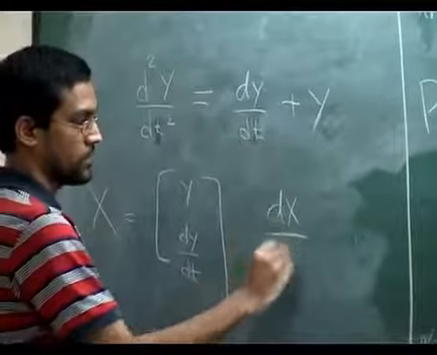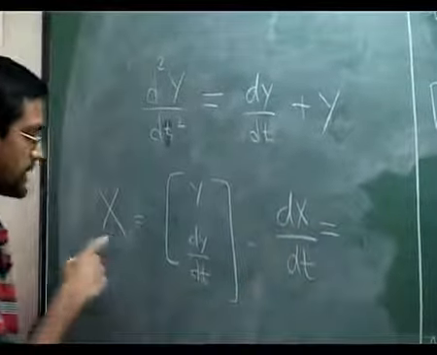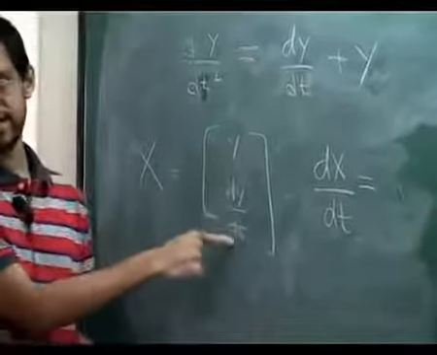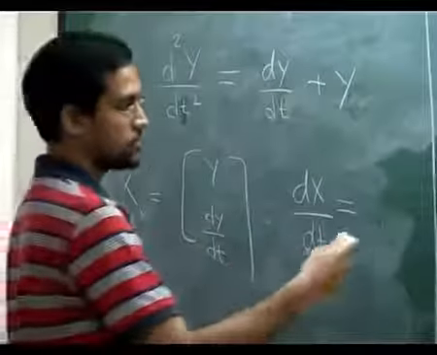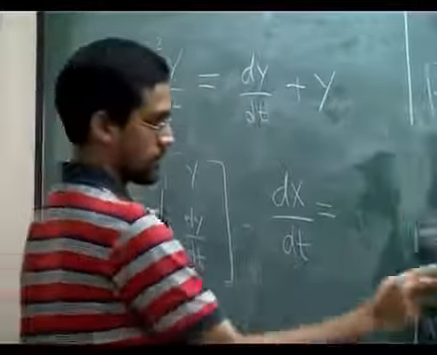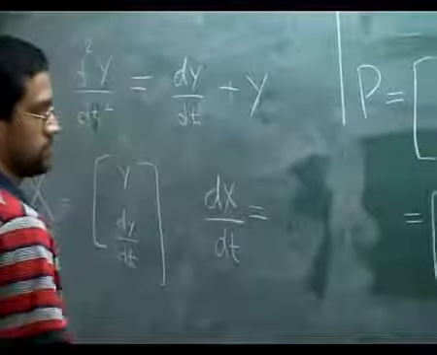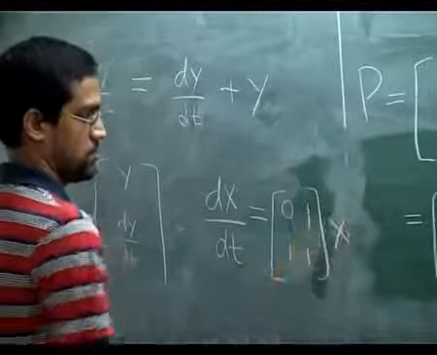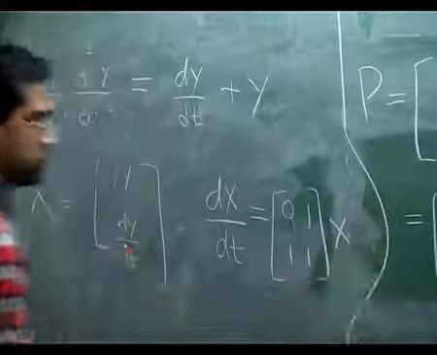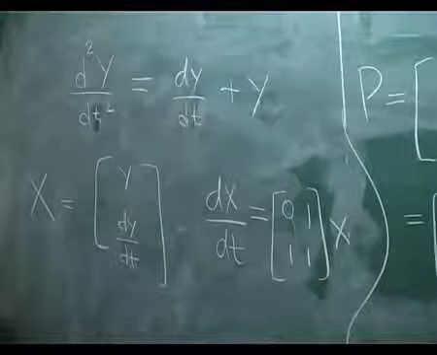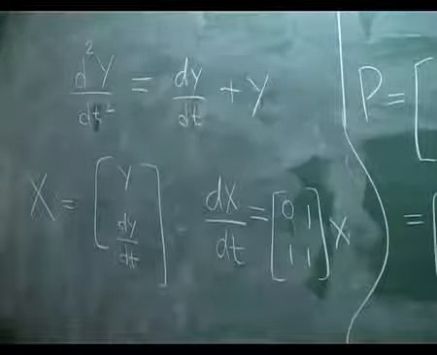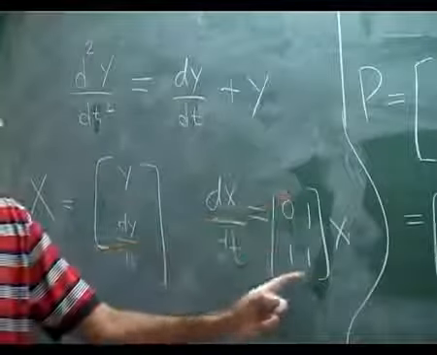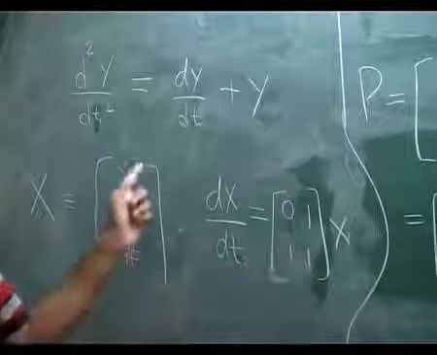So remember we did derivatives of vectors yesterday. If I take the derivative of X, this is dy dt, this is d square y dt square, right? How is this related to X? I claim that the derivative of X, dX dt, is actually the matrix 0 1, 1 1 times (y, dy dt).